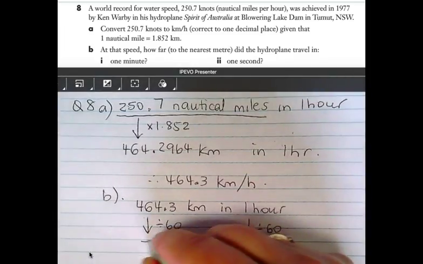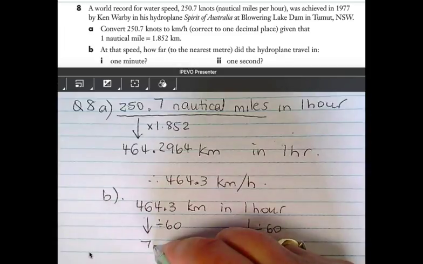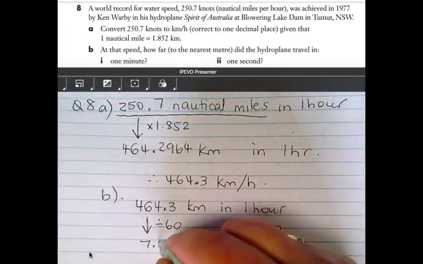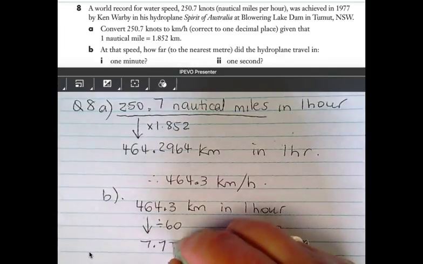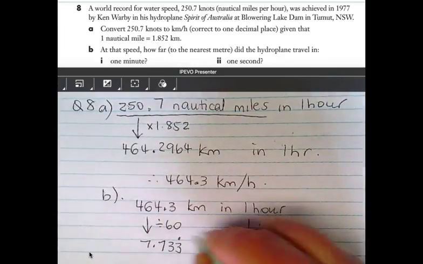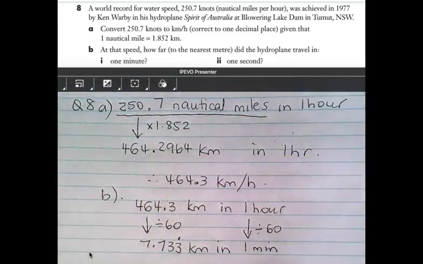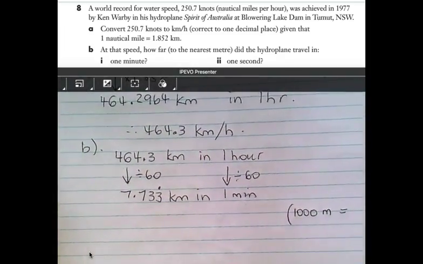And we get 7.7383 recurring kilometres in 1 minute. They want this to the nearest metre, and this is still in kilometres. We know that 1,000 metres equals 1 kilometre.